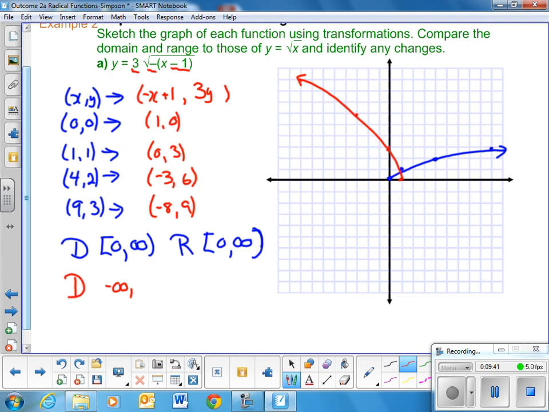The highest x value is going to be positive 1, and that's due to that reflection, that negative out front of the x. The range, the lowest point is 0, and the highest point is infinity.